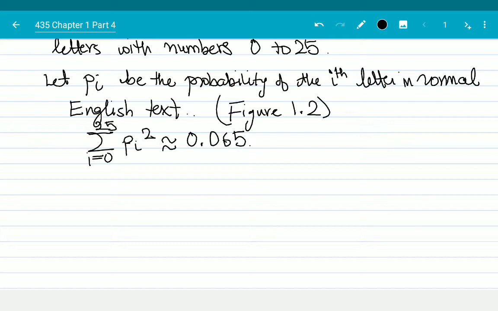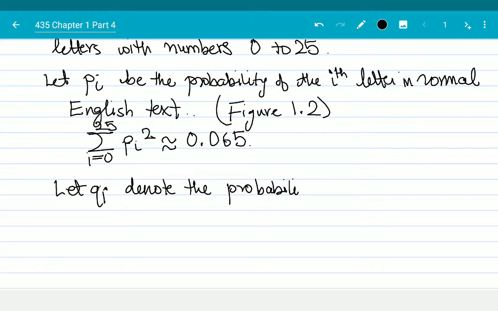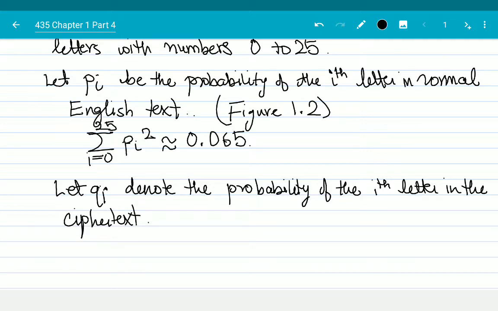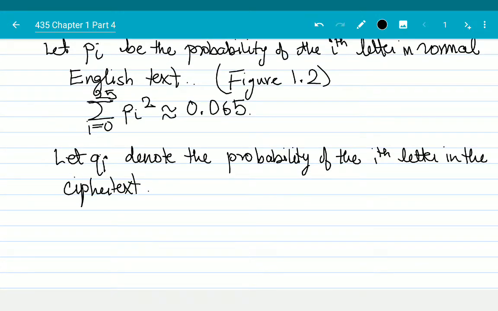Now, what we do is let q_i denote the probability of the ith letter in the ciphertext. For small enough ciphertext, it's going to be pretty skewed, but we are going to assume that we have a very big ciphertext.